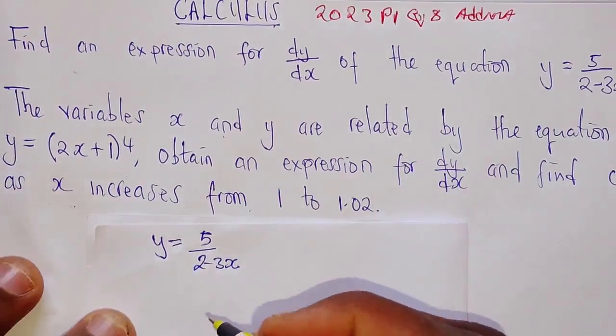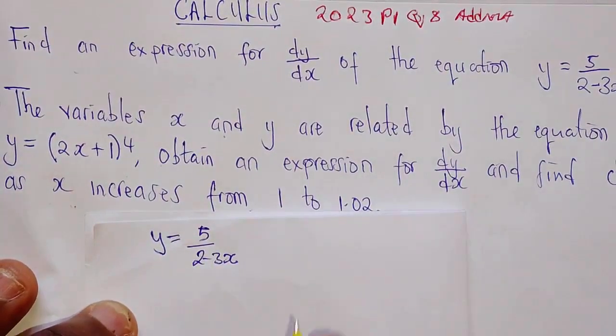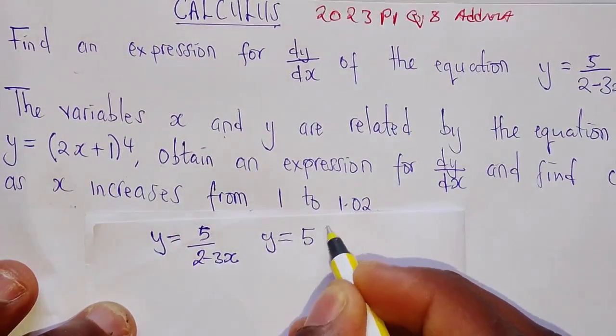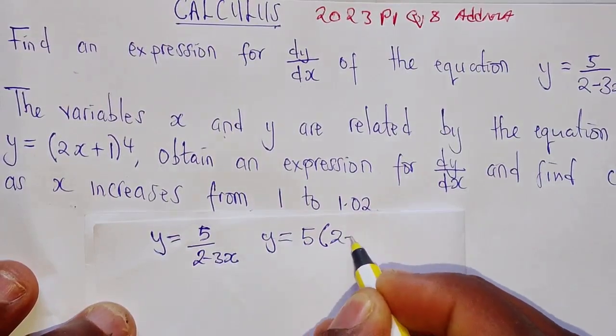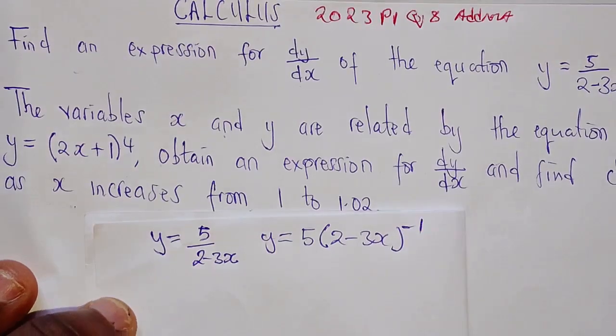Before you proceed into answering, you should know that this particular equation can also be written as y is equal to 5 multiplied by (2 minus 3x) to the power negative 1.